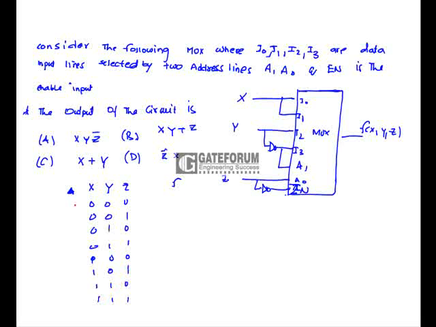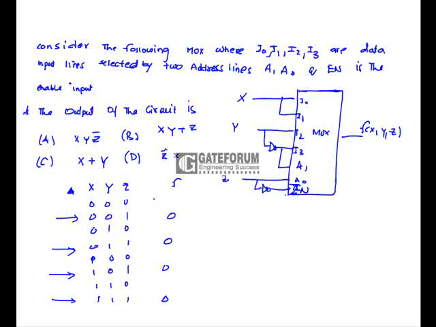For these particular input combinations, it's not going to work. The function is going to be 0 whenever Z is 1. If Z is 1, enable is disabled, so the multiplexer is not going to do its function. So F is going to be 0.